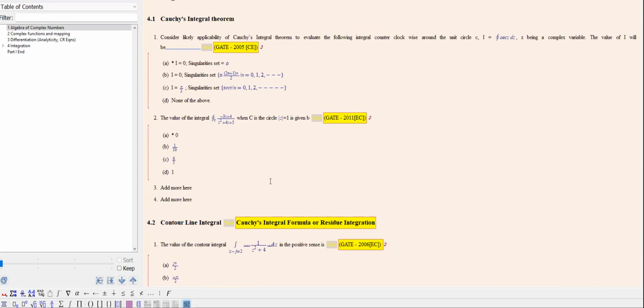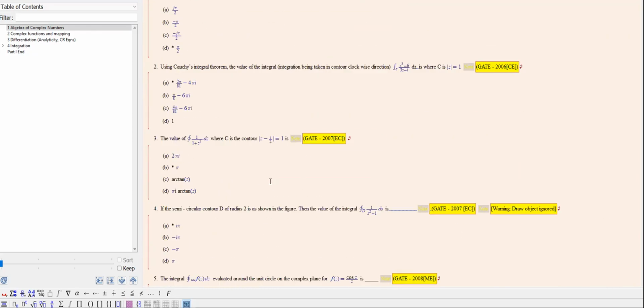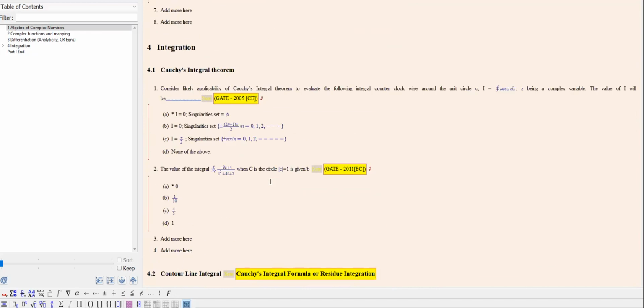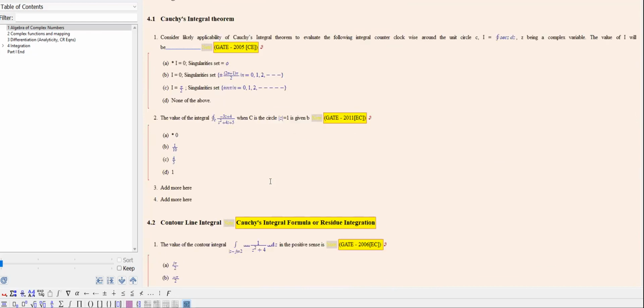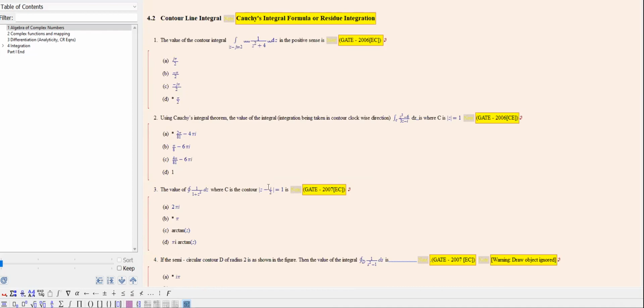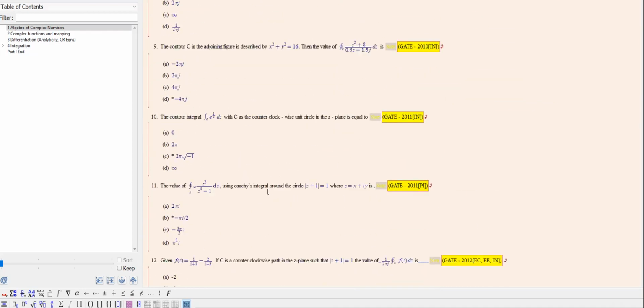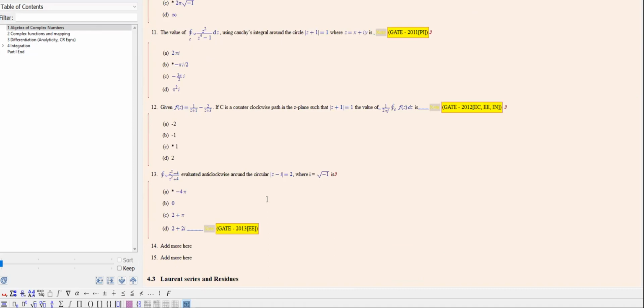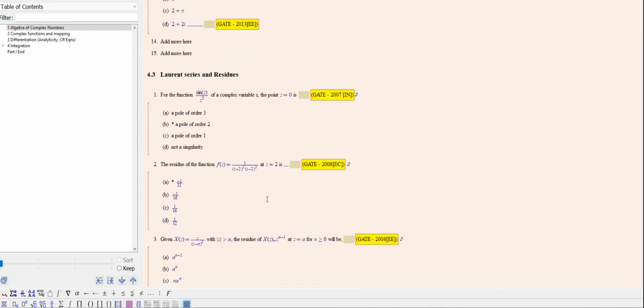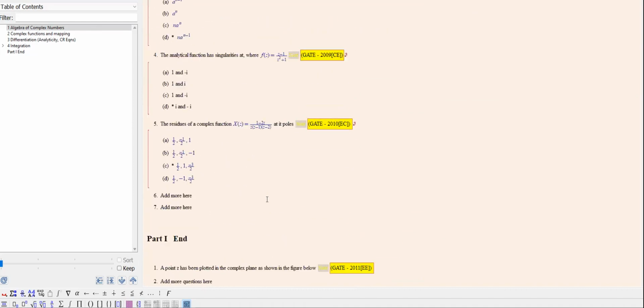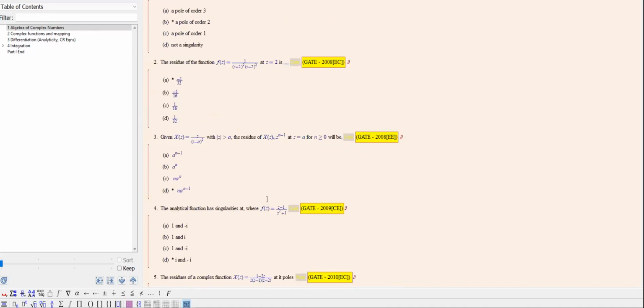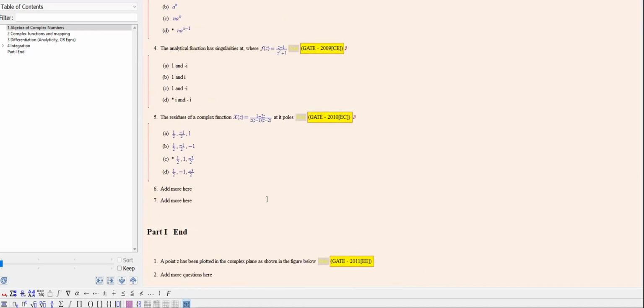And then integration, very basic integral theorem to line integral is important, very important. You get so much on line integrals. And 14, as much as complex numbers, and then series, Laurent series and residues.